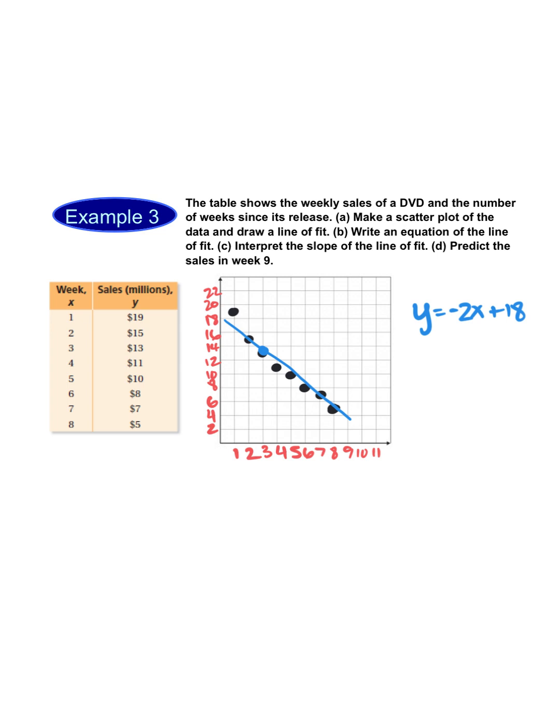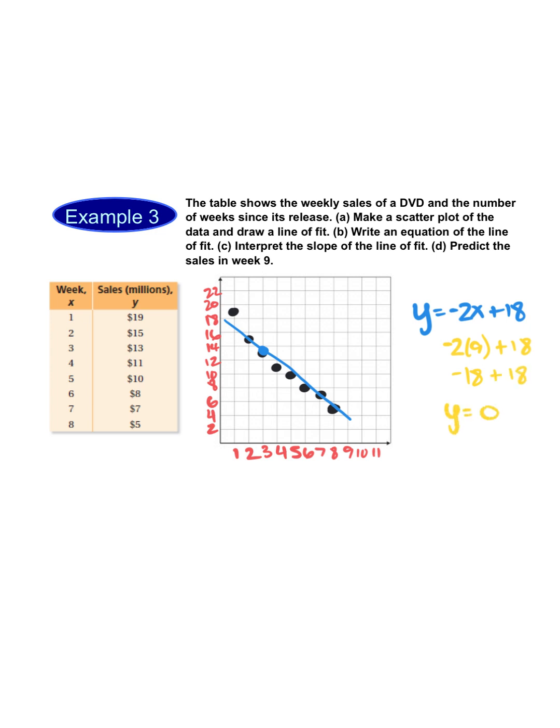Well, it's a negative slope, and we can see that it's a negative correlation, so that's why we have a negative slope. And predict the sales in week 9. So let's plug in a 9 for the x value. -2 times 9 plus 18: -2 times 9 is -18, plus 18, and we get 0.